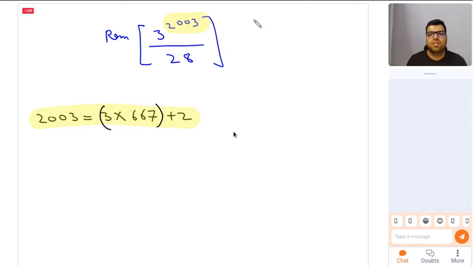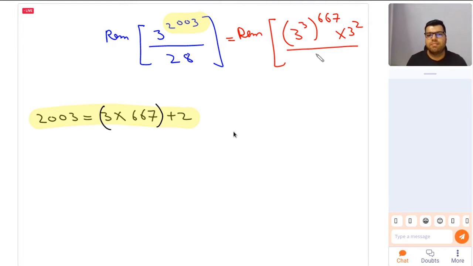So this becomes the remainder of 3 to the power 2003, which is 3 raised to power 3 raised to power 667 into 3 square, divided by 28. So what is this value? This value is the remainder of 3 cube, which is 27, raised to power 667 into 9, divided by 28.